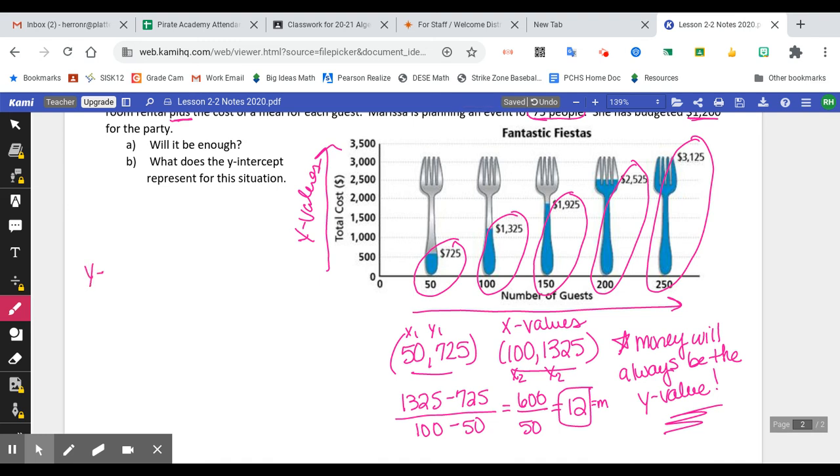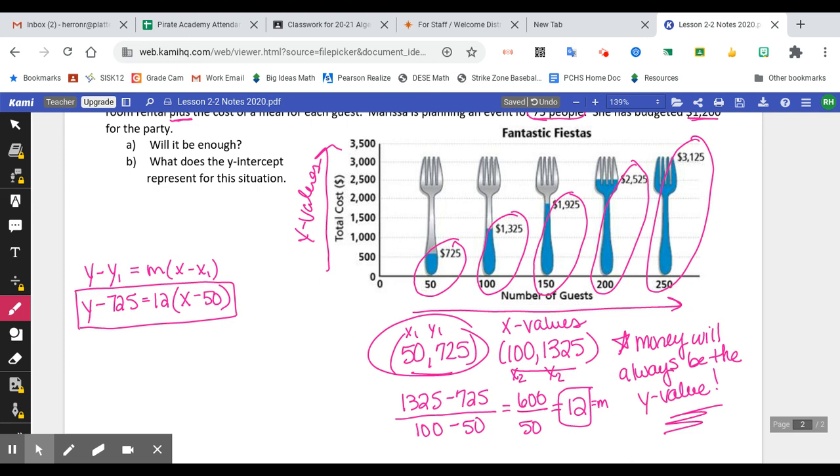And so if I fill out our point-slope form, y stays minus, and I'm just going to pick my first point here, y minus 725 equals m, which is 12, times x minus 50. So here would be the equation that you would use, all right?